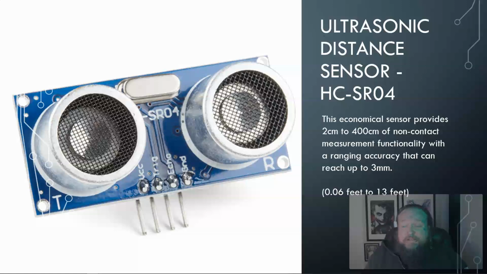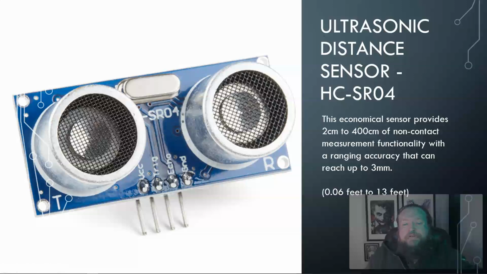Now, the first limitation is that it's only good from about 2 centimeters away from the face of these, up to 400 centimeters. So anything below 2 centimeters, such as something touching the ultrasonic sensor, you're not going to get accurate readings.